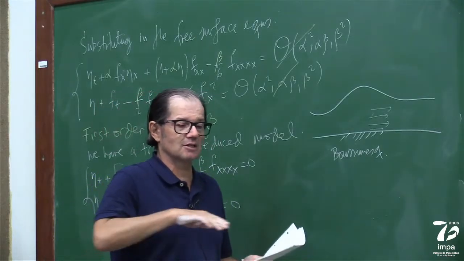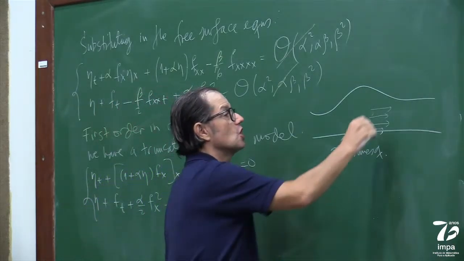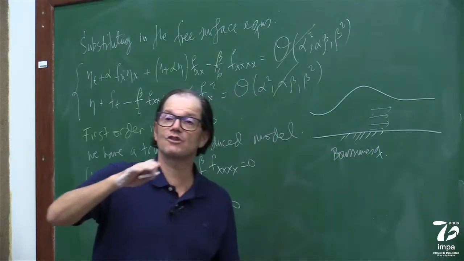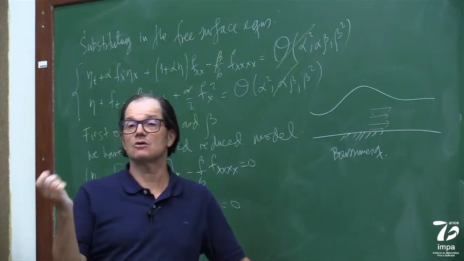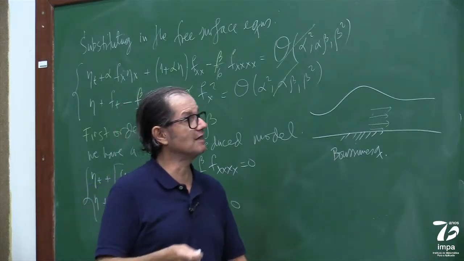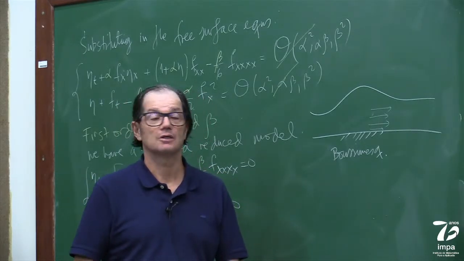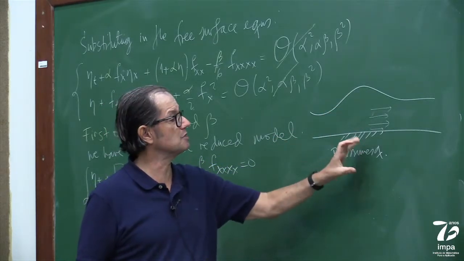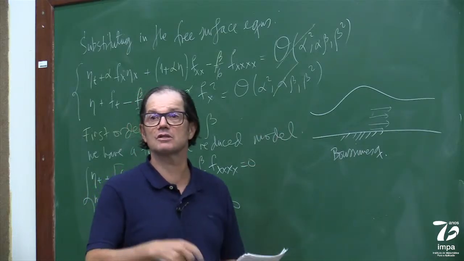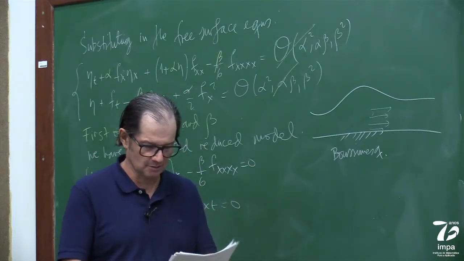And basically, the horizontal speed changes very little over the depth. So they got these equations and started doing averages. They averaged over the depth. And Boussinesq deduced in 1890-something, I think it's somewhere in the notes.